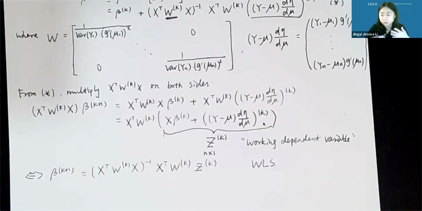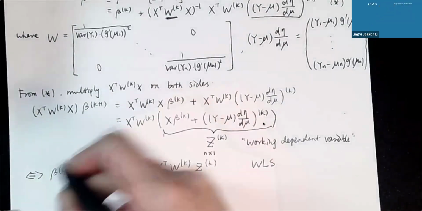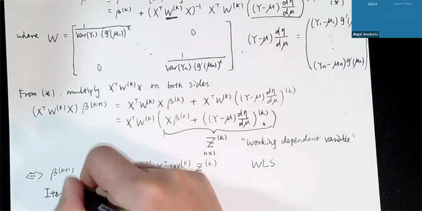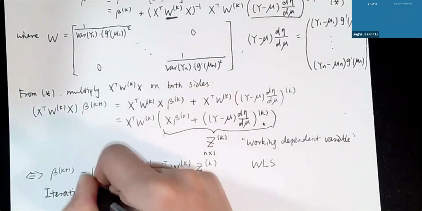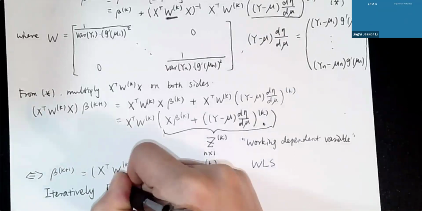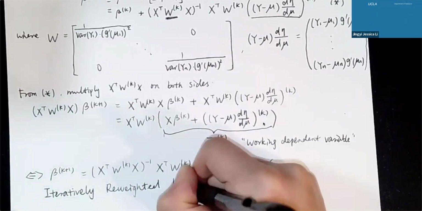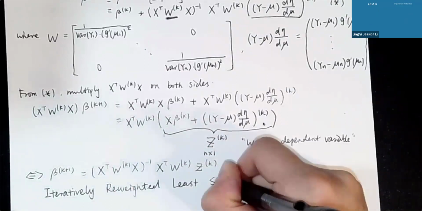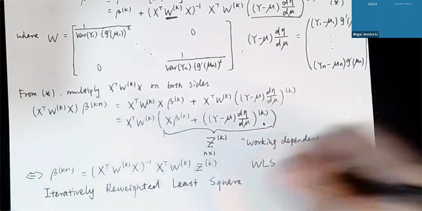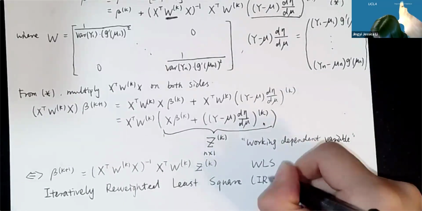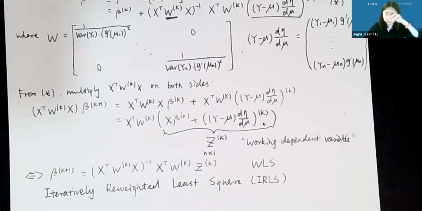So as long as we update our parameter values, the weight matrix will be updated. So that's why we call it reweighted. So this whole thing is called iteratively reweighted least square. That's why the short name for this algorithm is IRLS.